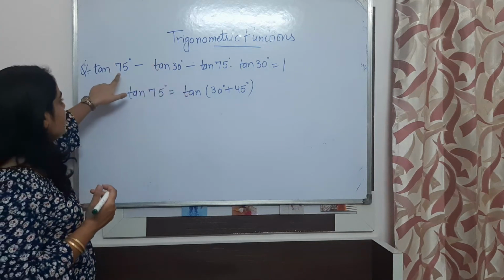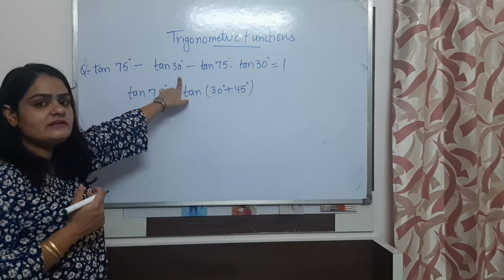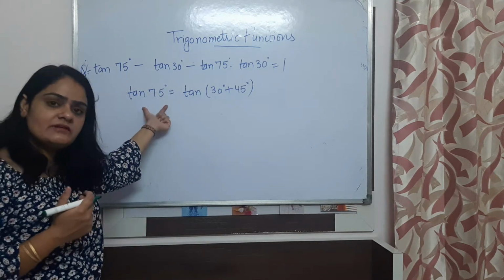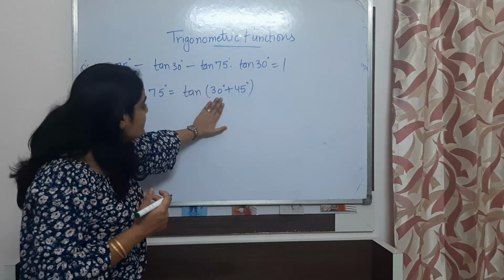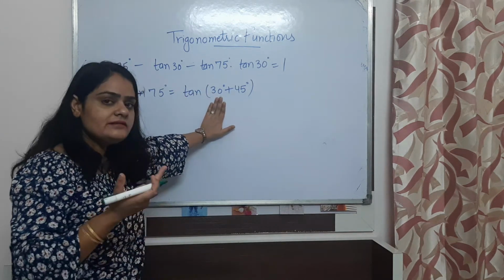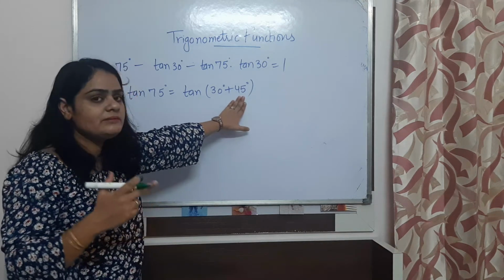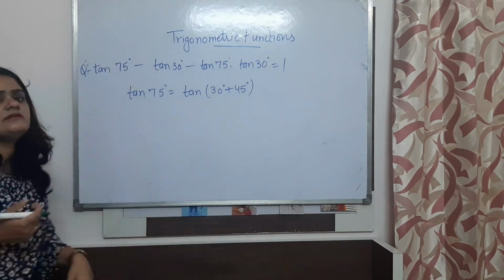He is saying there are two angles, one is 75 and another is 30. So I have taken 75, and I need to segregate 75 into 30 plus, of course, 45. Whenever I add 30 plus 45, I will get 75.